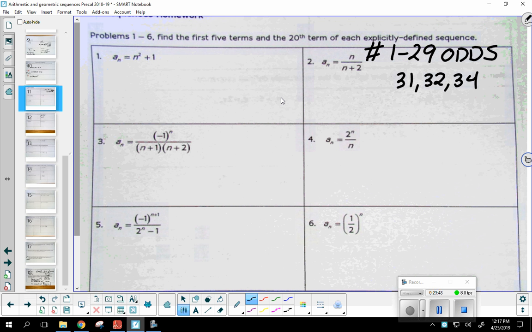So on 3, it says, okay, find the first 5 terms and the 20th term. So what I'm going to go ahead and do, like for a sub 1, what am I going to plug in for n? 1. So this would be -1 to the first over 1 plus 1 times 1 plus 2. Okay. Well, when you're dealing with this top portion right here, -1 to any power, what's going to happen if it's an odd power?